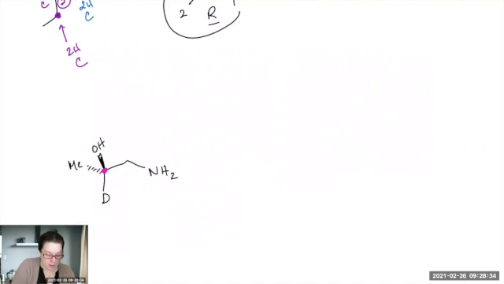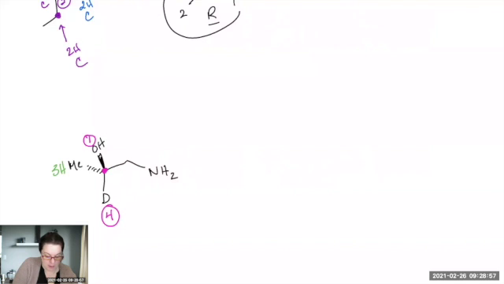So highest priority is going to go to my oxygen. Lowest is my deuterium. Oh, I just wrote number 2. Sorry, number 4. Okay. We have a carbon here as part of a methyl group, which means it only has 3 hydrogens attached to it.